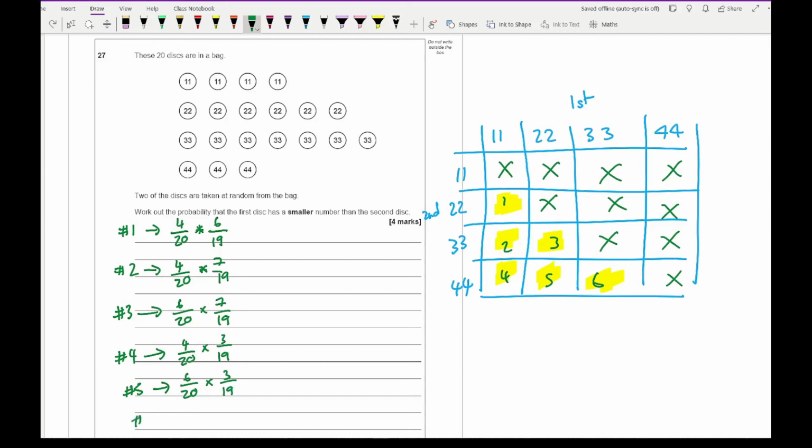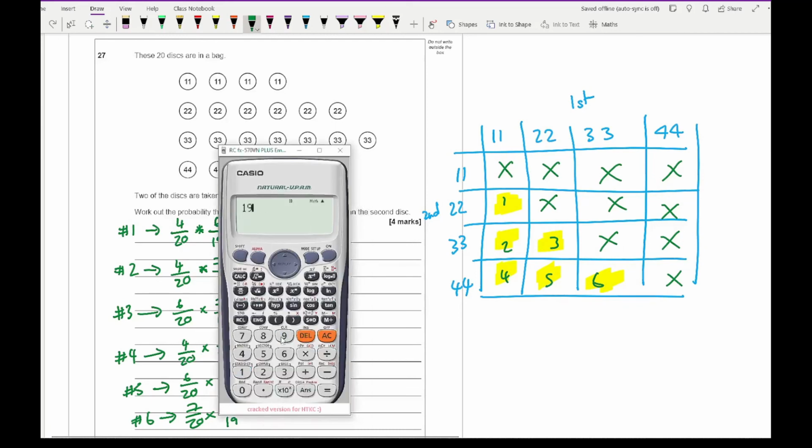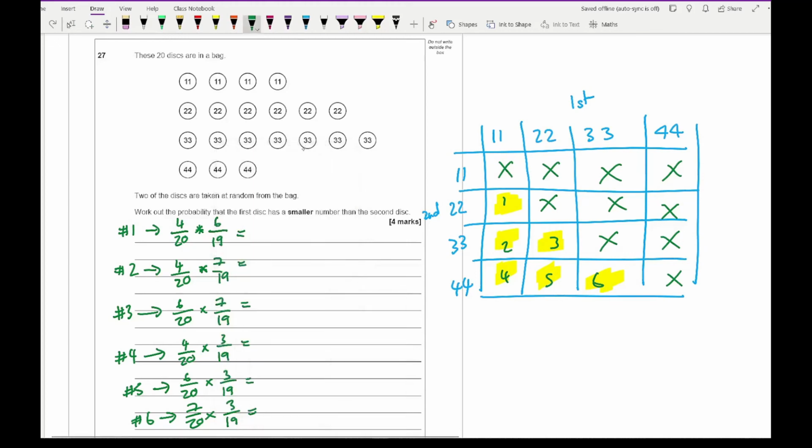And then finally option 6, which is 33 first, which is 7 over 20, followed by 44, which is 3 over 19. Then if I work out what each of these probabilities are, let's get the calculator out. 19 times 20 first is 380, so all of these are over 380.